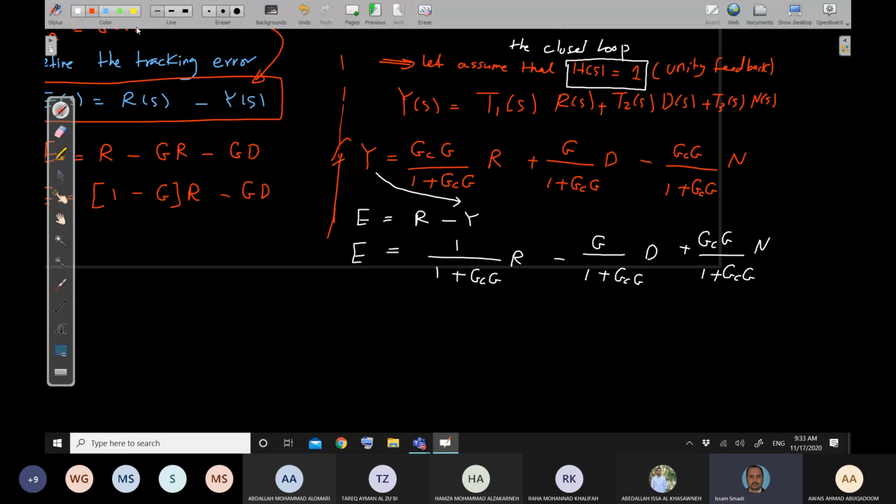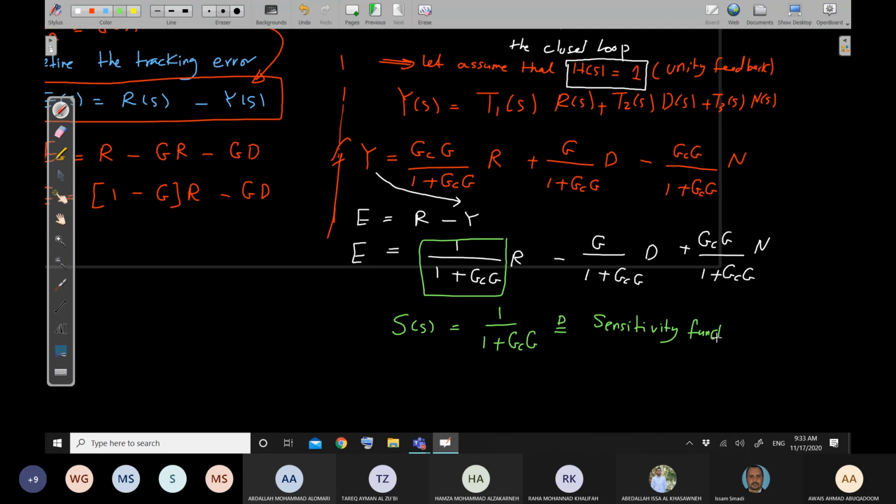Now let's define this one as S of S, which equals 1 over 1 plus GC of G, and this is the sensitivity function. And let's assume that S of S plus C of S equals 1, and C of S is the complementary sensitivity function.